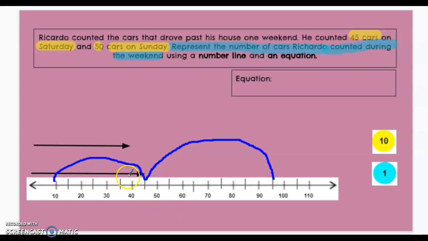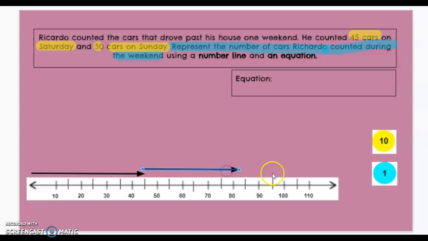That represents the 45 on Saturday, the 50 on Sunday. Okay, let me show you what it would look like with your arrows. This is your 45, and you went an additional 50. So your 50 goes to right there. So that's also what it could look like, okay?